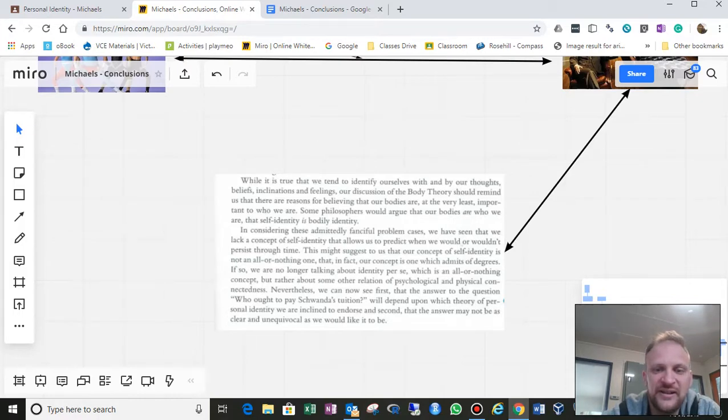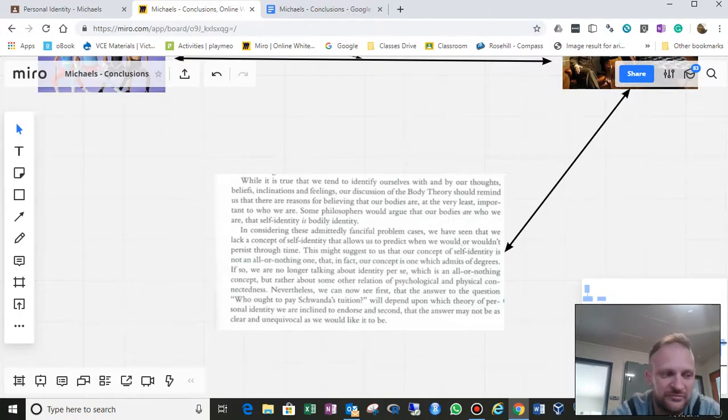Nevertheless, we can now see first that the answer to the question of who ought to pay for Schwander's tuition will depend upon which theory of personal identity we are inclined to endorse, and second, that the answer may not be as clear and unequivocal as we would like it to be, because we've got all these different viewpoints as to what personal identity is.